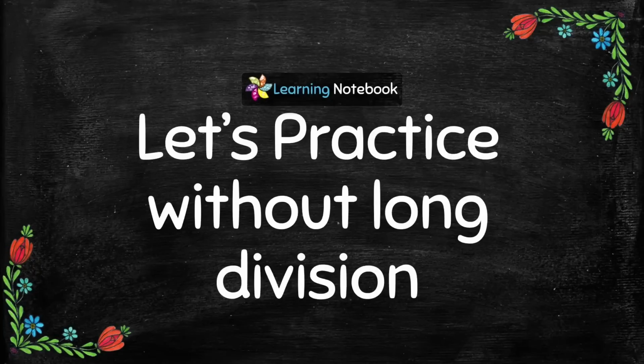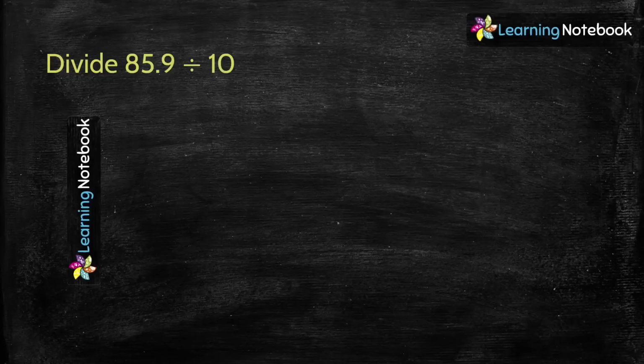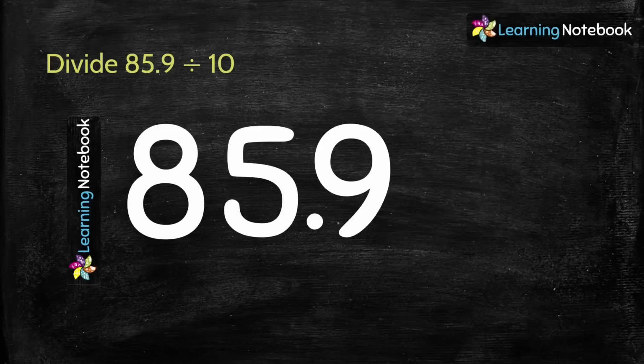Now students, let's practice such division of decimal numbers but without long division method. Question is, divide 85.9 by 10. Students, we have just learned that when a decimal number is divided by 10, the decimal point moves to the left by 1 place.